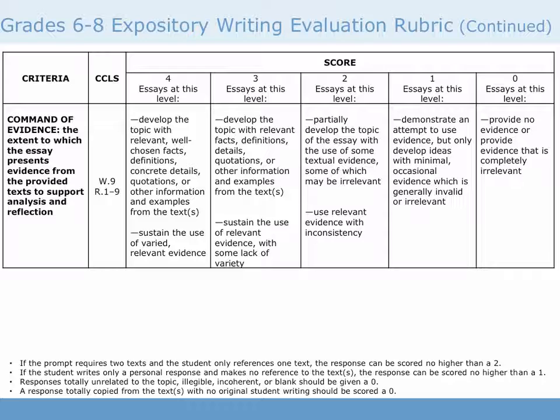If you go back to Level 4, it also states that students at a Level 4 sustain the use of varied relevant evidence. At a Level 3, they sustain the use of relevant evidence with some lack of variety, and at Level 2 they use relevant evidence inconsistently. There's no mention at Level 1 or Level 0 of that factor.